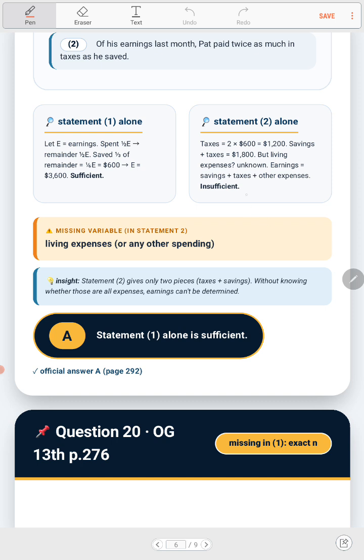Maybe it will be easier to say that tax is missing. That means only statement 1 alone is sufficient. When only statement 1 alone is sufficient, don't forget that the answer is A.